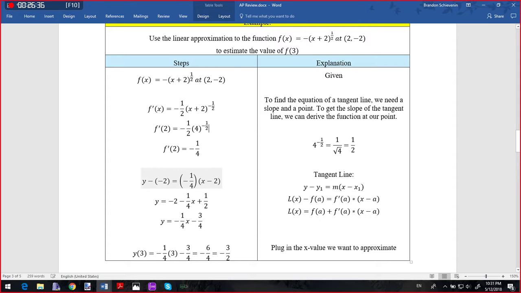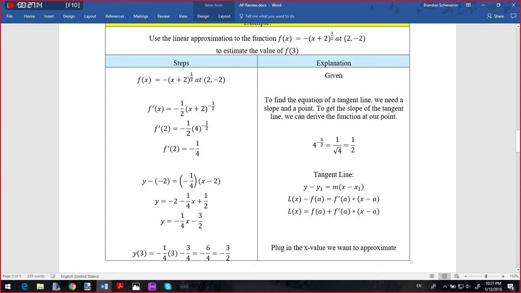Okay, so if I solve for y, I'm going to add negative 2 to both sides since I was subtracting negative 2 here. And I'll combine the negative 2 plus the 1/2, gives me negative... this isn't right, is it? Okay, negative 2 plus 1/2 should give me what? Negative 3 over 2.